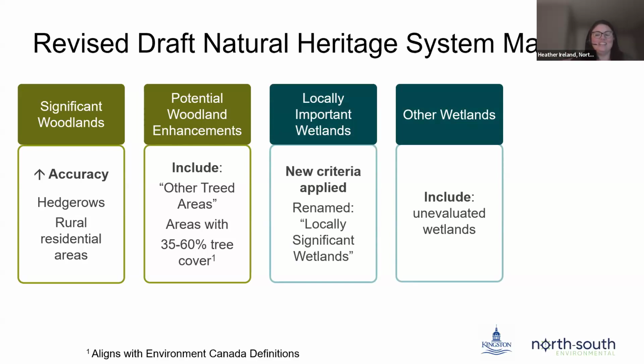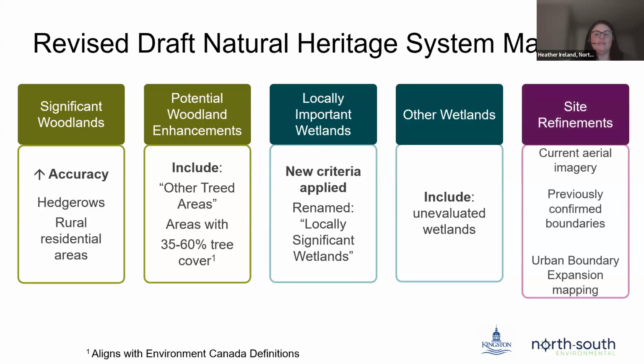Unevaluated wetlands are now contained within the other wetlands category. And then site-specific refinements. There were refinements made based on current aerial imagery or previously confirmed boundaries through environmental impact studies. This includes mapping refinements to the urban boundary expansion areas based on the city's review of EISs.